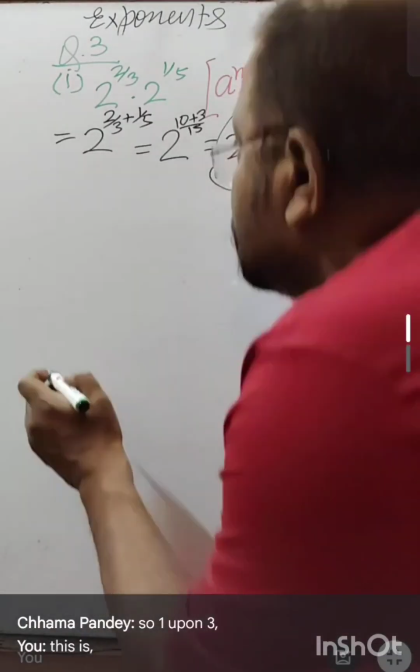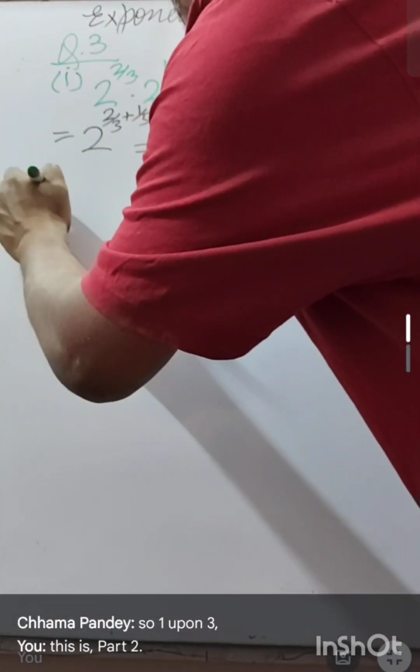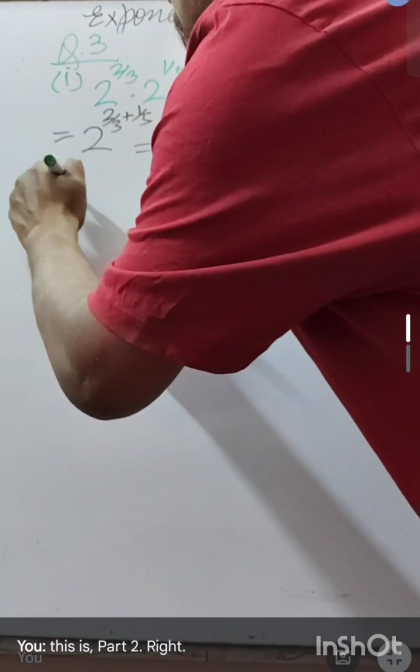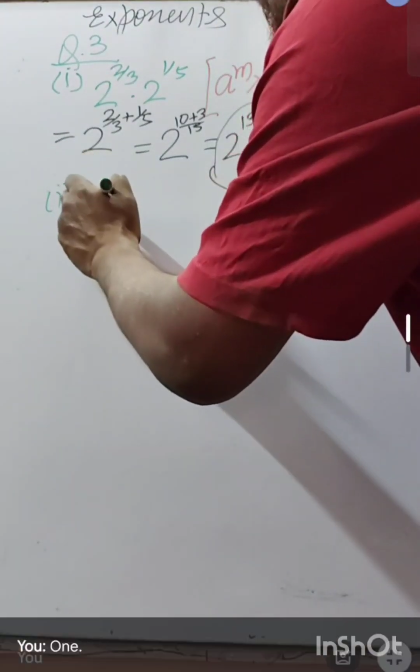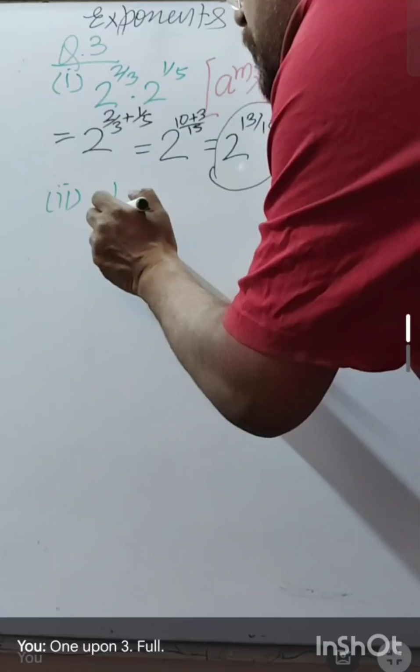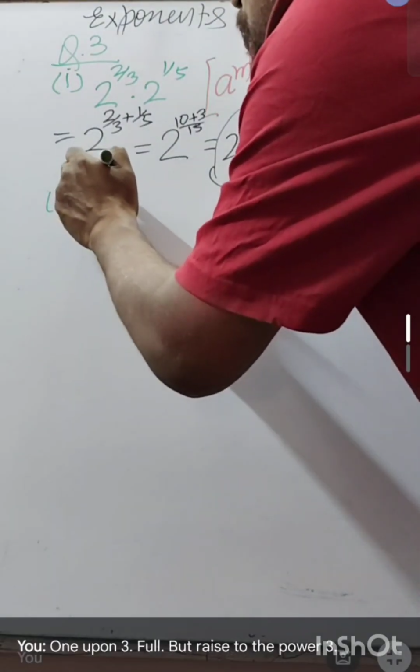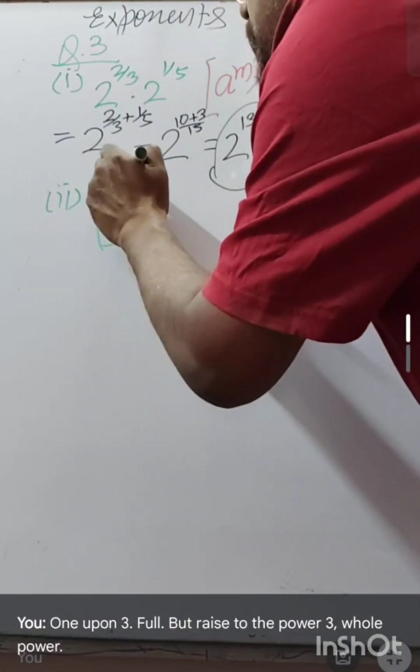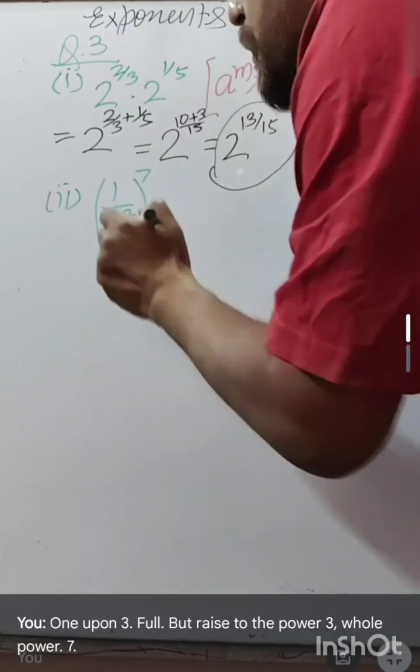This is part 2, right? What is part 2? 1/3 whole raised to the power 3, whole power 7, right?